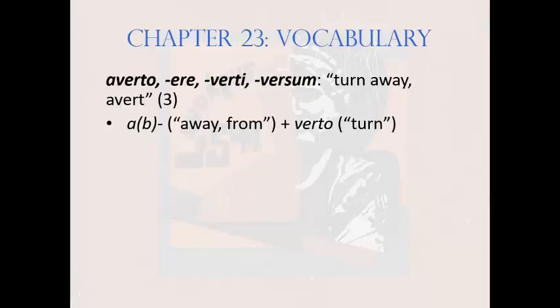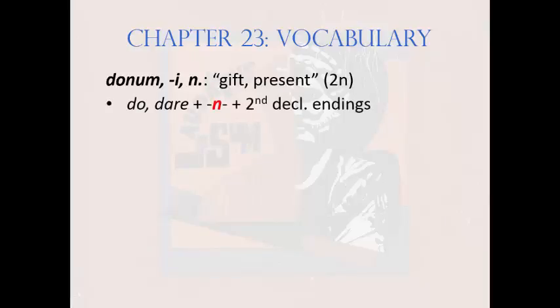The final three items in this vocabulary are all nouns. The first is donum, doni, neuter, meaning gift or present. It's second declension, neuter. It uses the same base as the verb do, dare, to which has been added an N affix and second declension endings. The N affix is used in Latin to form nouns and adjectives.